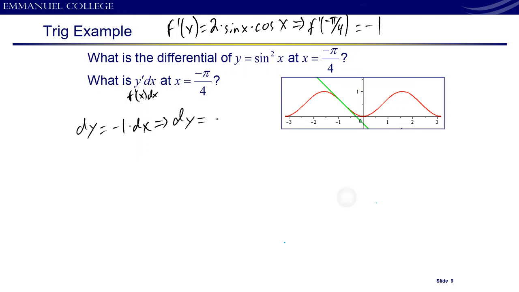or just easily, dy equals negative dx. So there's a very interesting change here in that the change in y, if you start at negative pi over 4, is just going to be negative how far you strayed away from x.